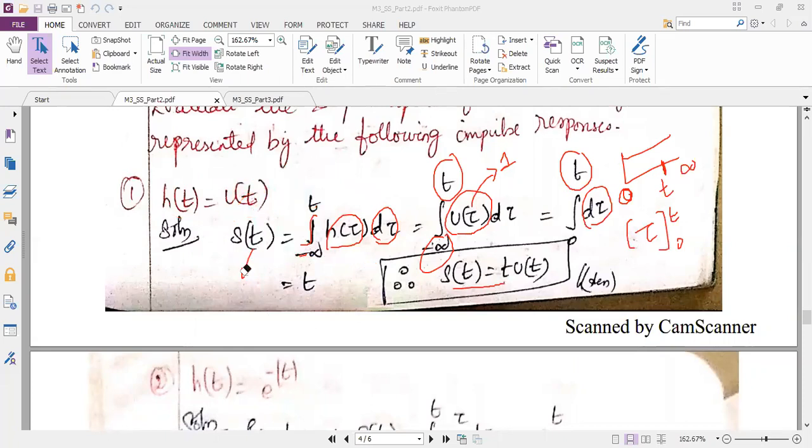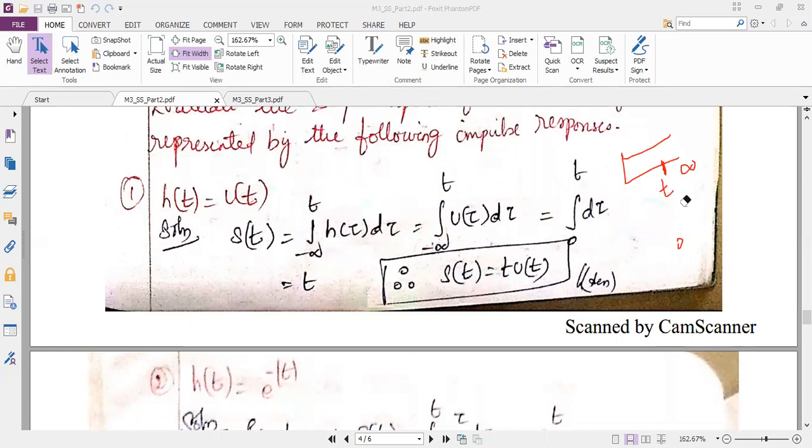Since in the given question they mentioned the signal will be there only from 0 to infinity, to indicate that, I can simply write the answer as t, or I can also write u of t along with t. There is nothing wrong in writing u of t.